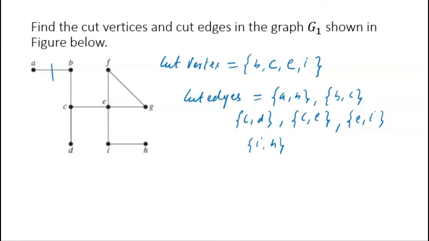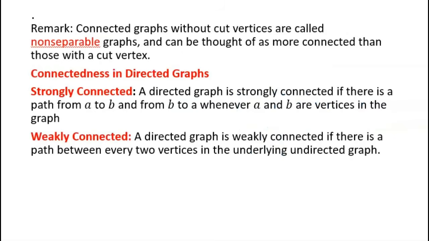I hope up to this idea is clear. Now finally, we are done with cut vertices and cut edges. Now let us talk about connectedness in directed graphs. Before that we have a remark: a connected graph without cut vertices is called a non-separable graph.